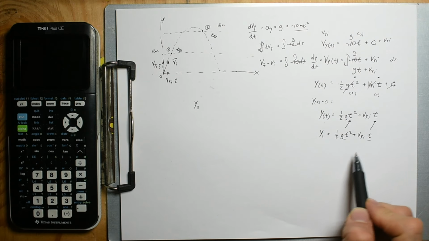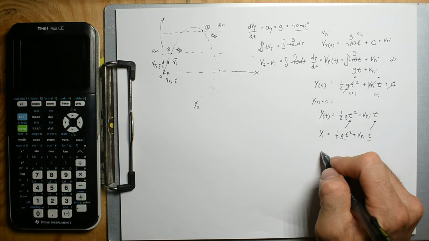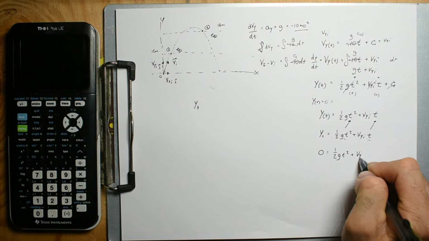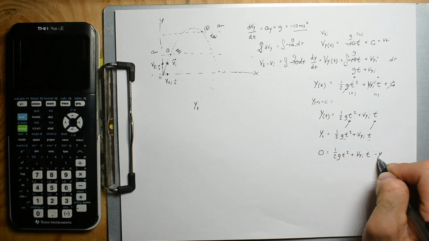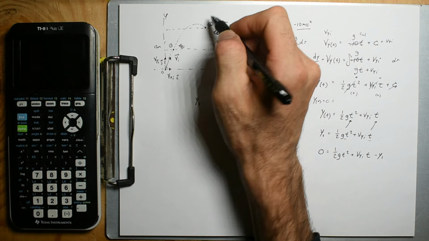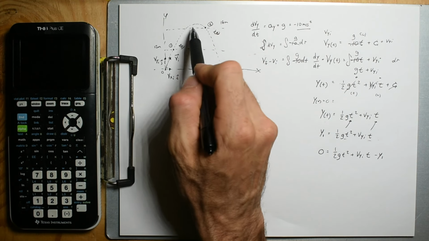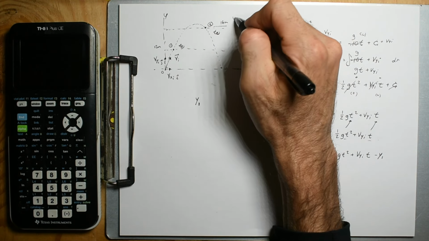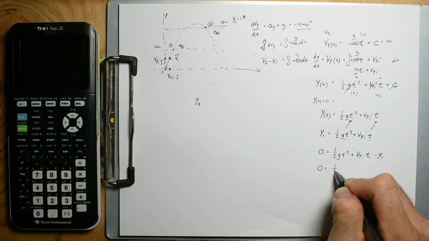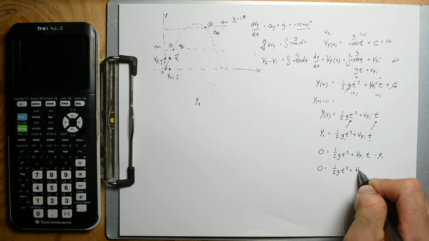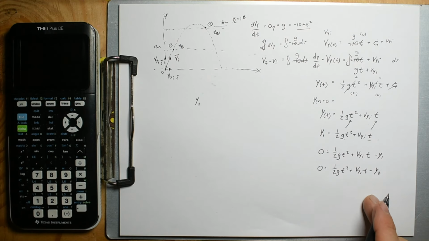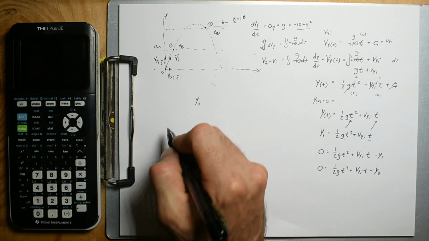If I'm going to solve for t, let's get this to the other side, and I'll have 0 is equal to 1/2 gt squared plus vy initial t minus y1. And at the same time, if I want to figure out the height at y2, which is 18 meters, I can do that same equation. I'll just have minus y2.